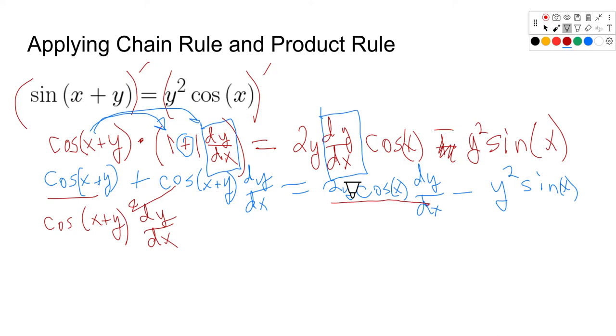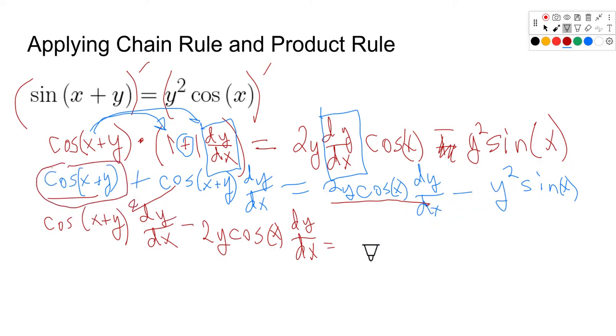I'm going to bring this over so it's going to become negative because I'm subtracting it from both sides. 2y cosine x dy dx. I've got a minus sign. I'm going to bring this cosine here over, so it's going to become negative. So I'll have negative cosine x plus y minus y squared sine of x.